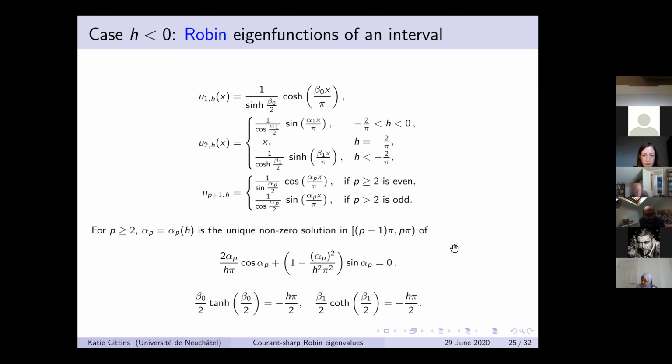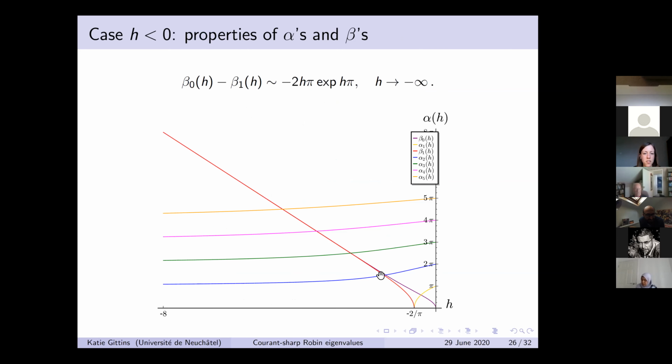One important thing to say about these betas is that they're exponentially close. As h tends to minus infinity, beta 0 and beta 1 are exponentially close, and beta 0 is bigger than beta 1 for h negative.